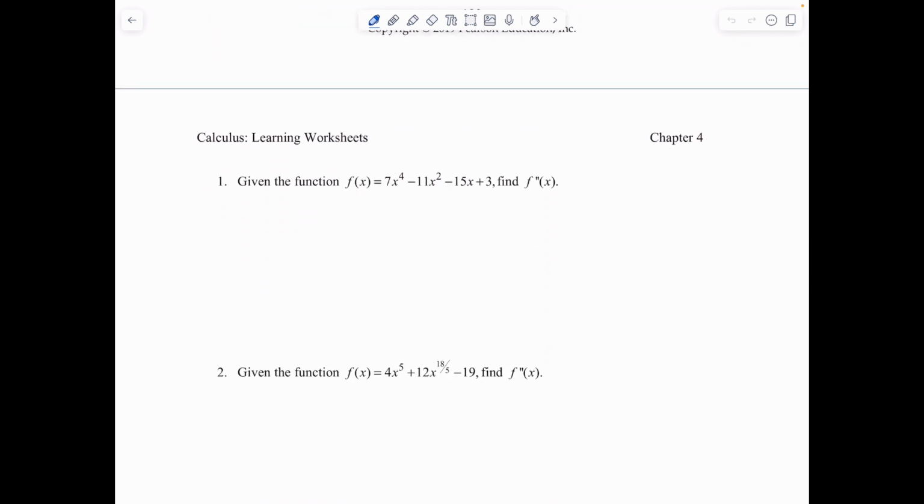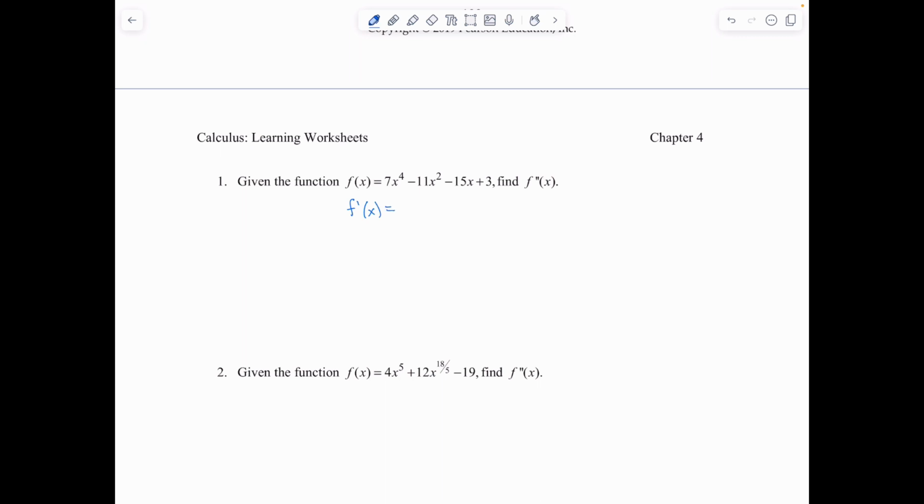Okay, so given the function f of x equals 7x to the fourth minus 11x cubed minus 15x plus 3, find the second derivative, f double prime of x. We have to do this in steps. The first step will be finding the first derivative, f prime.